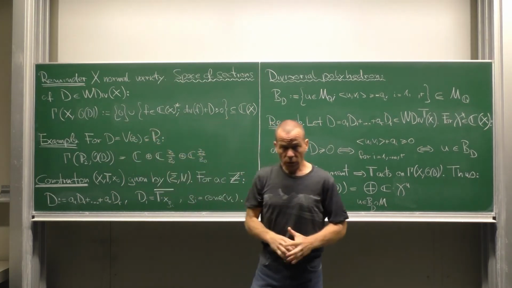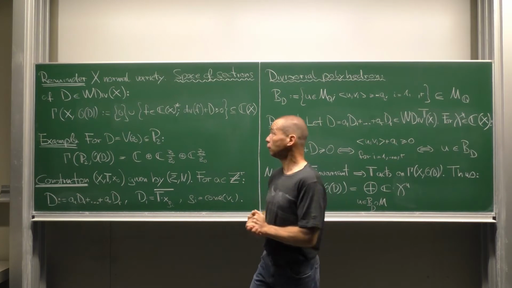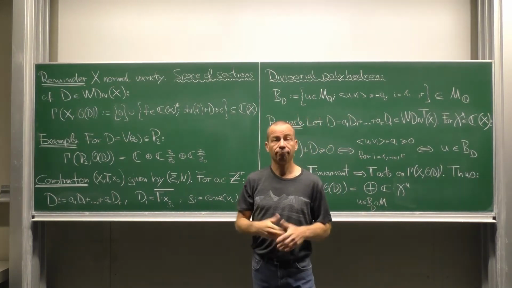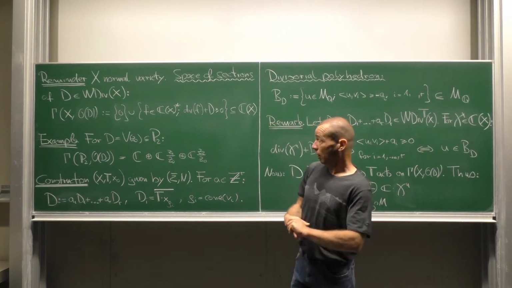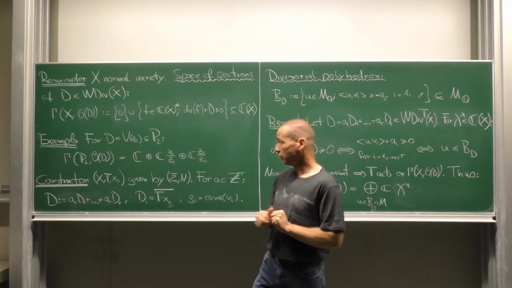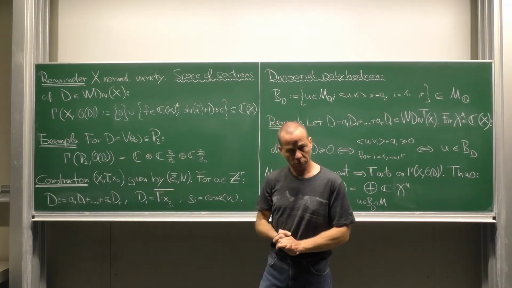Together with 0, the sections form a vector subspace of the function field of X. Let us see an example. Consider the coordinate line D defined by Z0 in the projective plane.